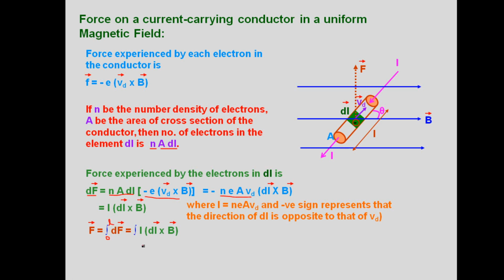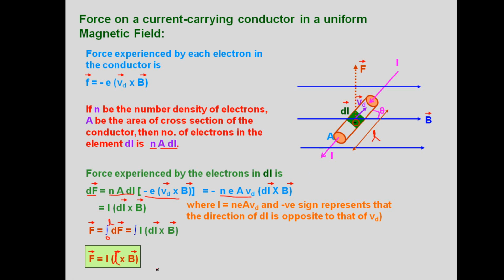So in place of dl we will have L, so L minus 0 will be L, and hence we have I into L vector cross B vector. This is L, which means length of the conductor. This one, this is length. Don't confuse I and L.